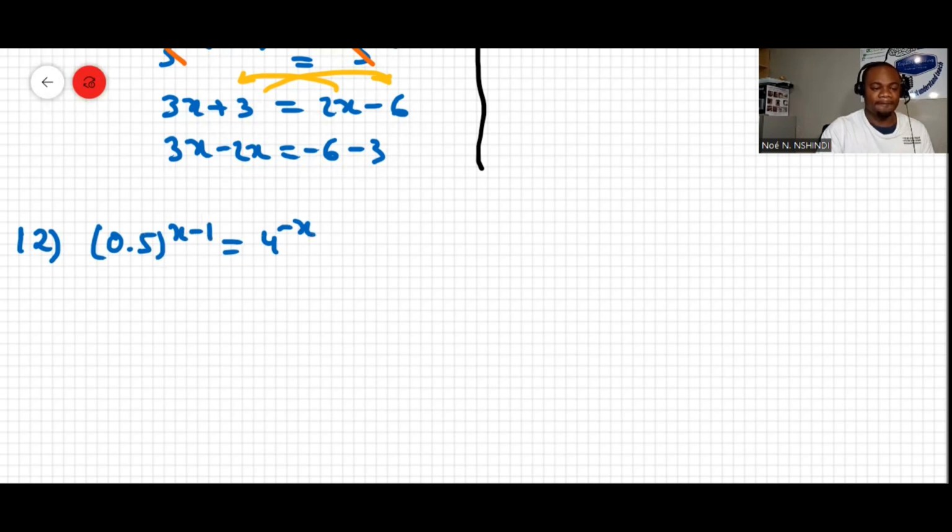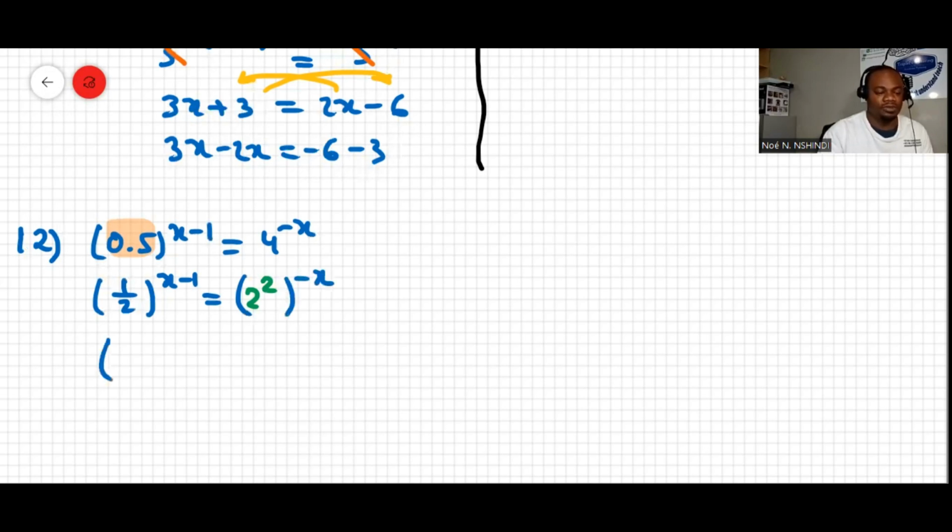So in this case, 0.5 we can transform. This is like a half, okay? So this is a half to the x minus 1 equal to 4, which can be written as 2 squared, okay? To the negative x.